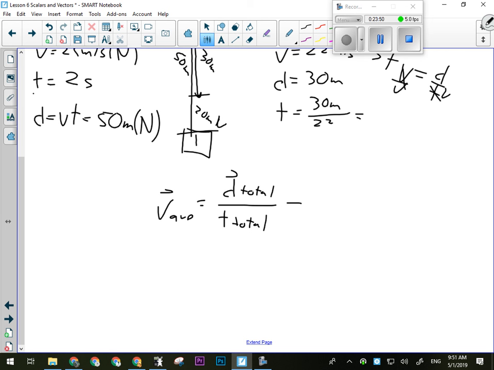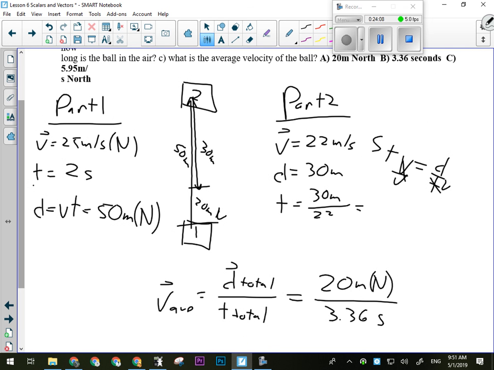We calculated in part A that the total displacement of the ball was 20 meters north, and in part B, we calculated it was in the air for 3.36 seconds. So all I have to do is divide those two numbers, and I've got the average velocity of the ball, which should come out to 5.95 meters per second north. Everybody all right with that?